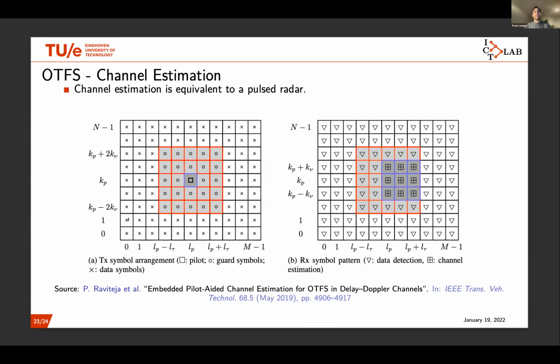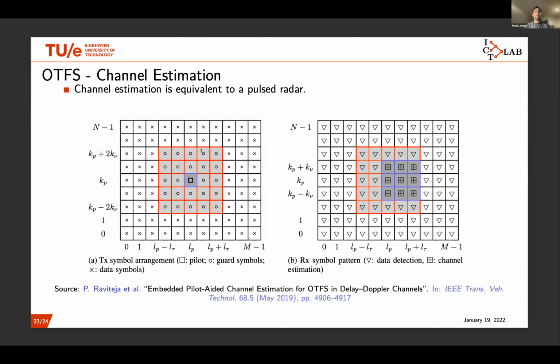What is proposed is that you place a pilot symbol in here and you keep some guard band around this pilot, because this allows you to directly observe how the symbol is delayed and Doppler shifted in this guard. And here you keep a guard band also before, because there's a maximum delay. All those symbols will also spread into this guard band, and we don't want to get confused how this one is spread.